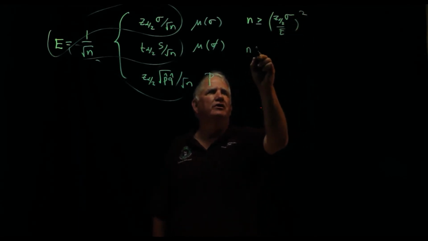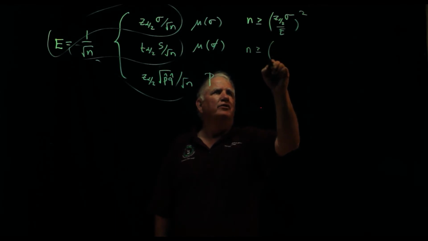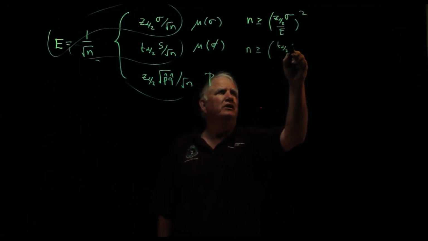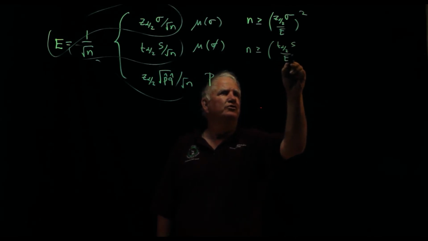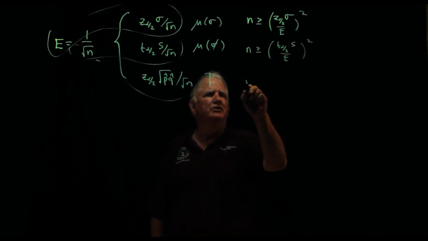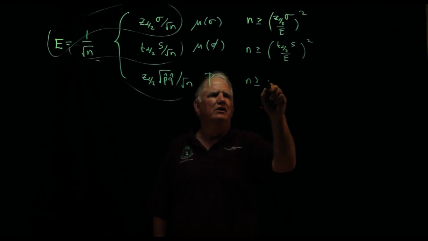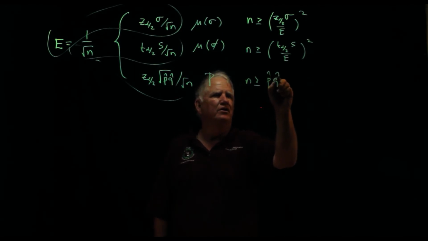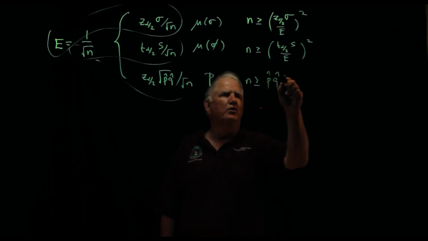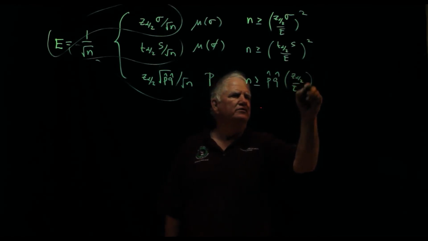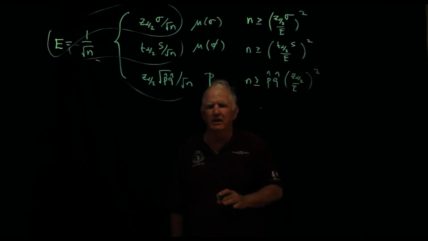Something very similar for the case in which we're using the student T distribution, and something just a little bit different in this case: P hat Q hat all times the square of Z alpha over 2E. So there are the three formulas. There's where they come from.